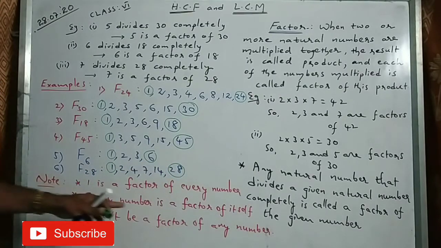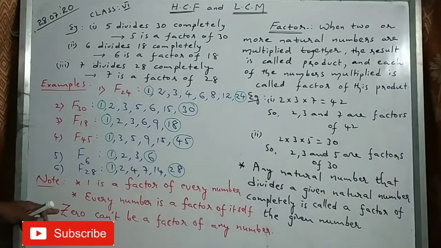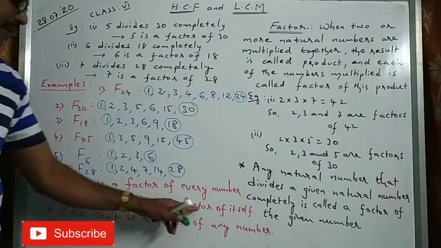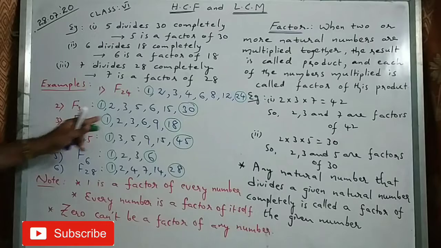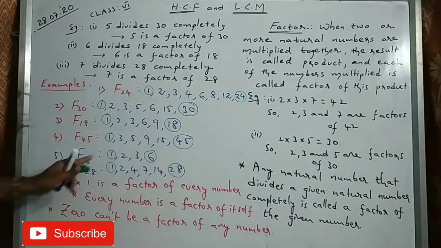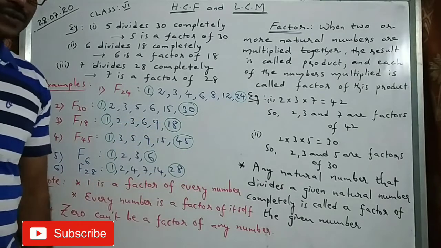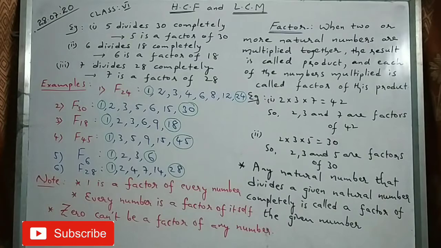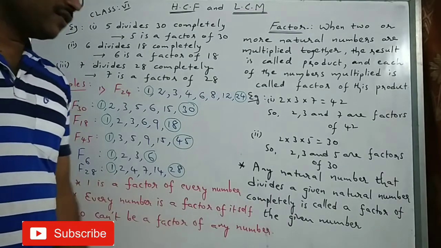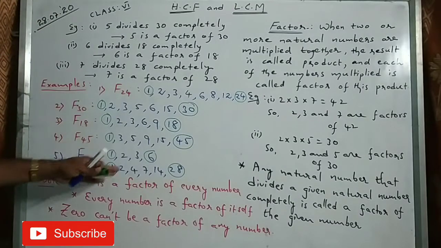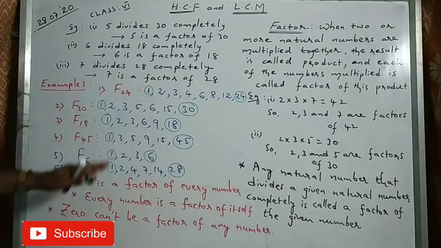So 1 is a factor of every number, and every number is a factor of itself: 18 18, 45 45, 6 6, 28 28. 0 cannot be a factor of any number. You will never get 0 as a factor; nowhere is 0 found here.